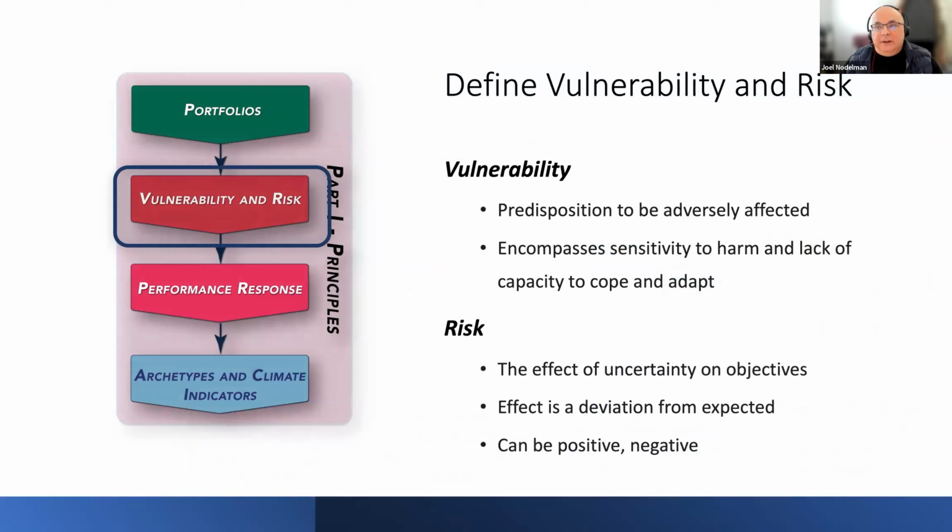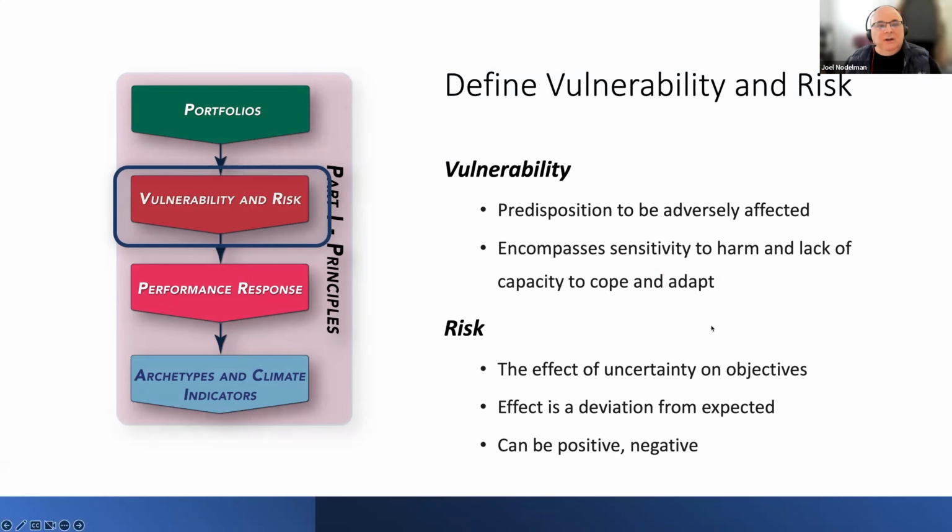We define vulnerability and risk, and I'm not going to go into much detail around these, but these definitions draw from ISO 31000, the ISO 14090 series, plus IPCC. And so there was a fair amount of work in going through those various references and generating a set of definitions that was consistent across the board so that we could use it.